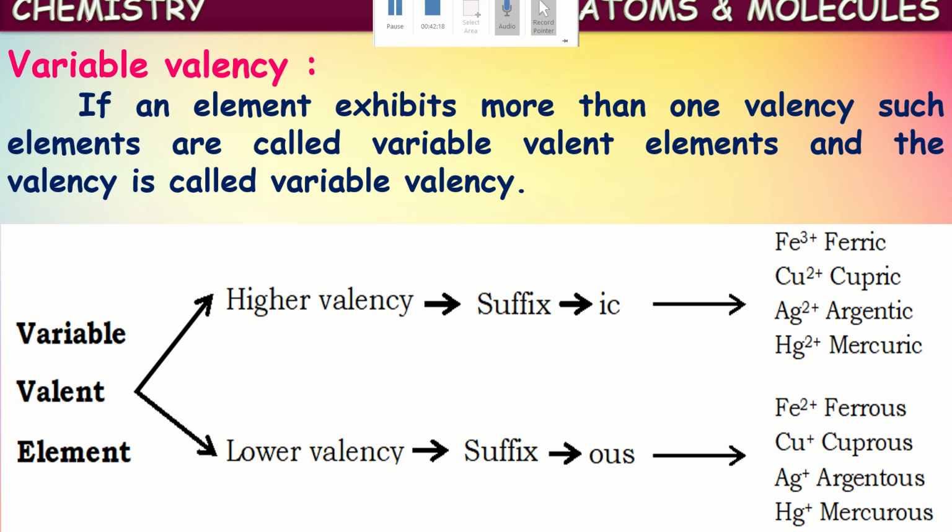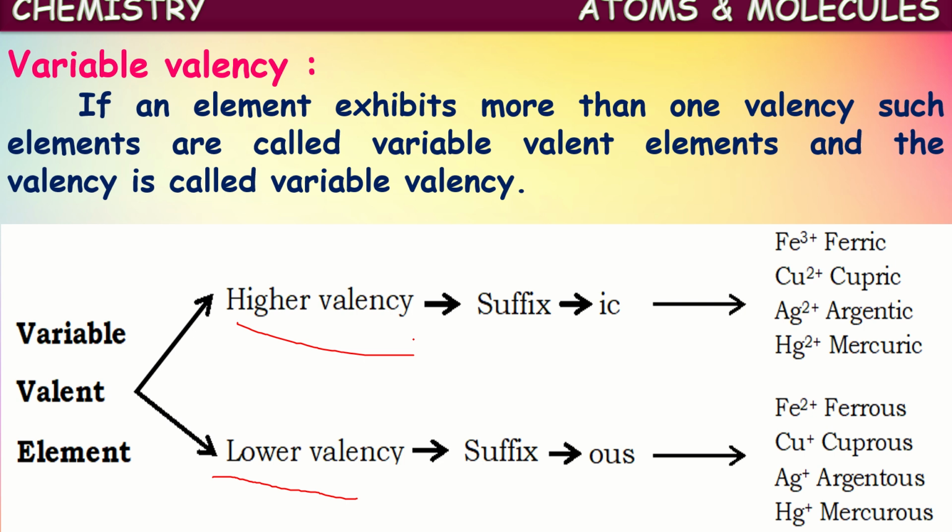That element is called a variable valent element and the valence is called variable valency, higher valency and lower valency. What are the higher valency and lower valency? When an atom exhibits two different valencies, the more valent one is called the higher valency, the lesser one is called the lower valency.